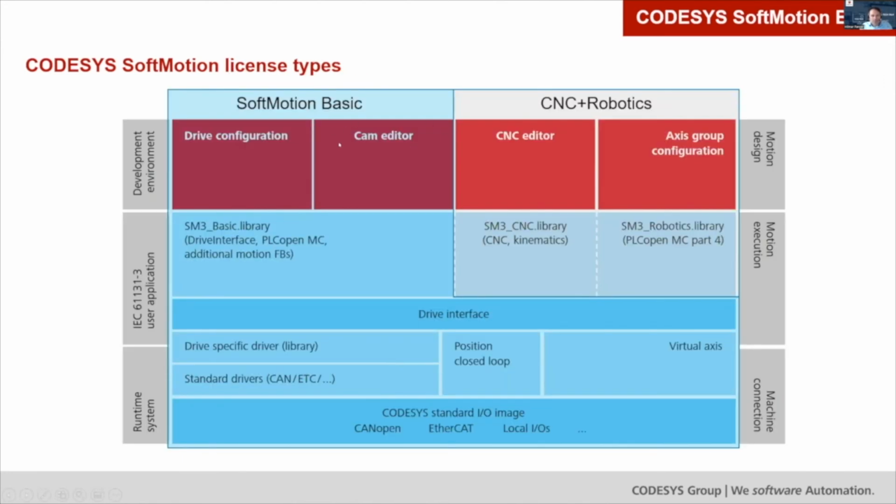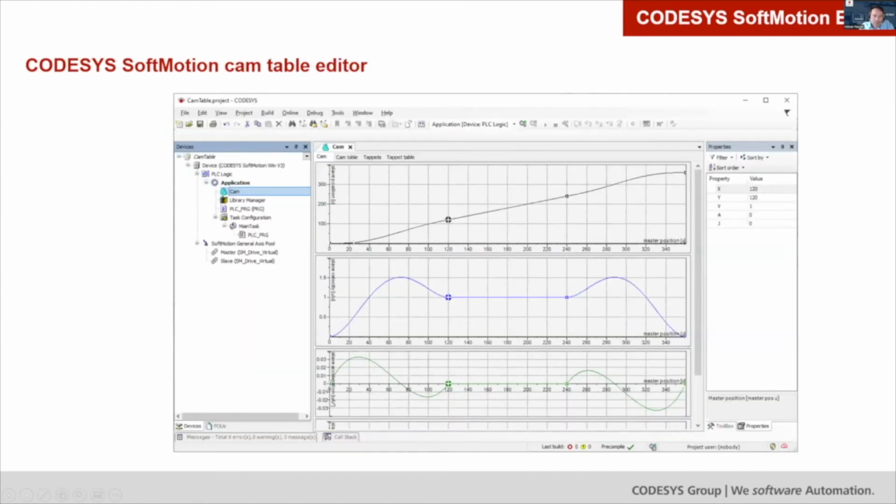Just to have a short view on the CAM tables I explained before, we have also an integrated editor in CODESYS where you can graphically design a CAM table. You see on the x-axis is the master position always, and on the y-axis you have the slave position, the slave velocity, and the slave acceleration. This is just one example of a typical CAM table where we have one part with constant speed and another part where we decelerate and stop.